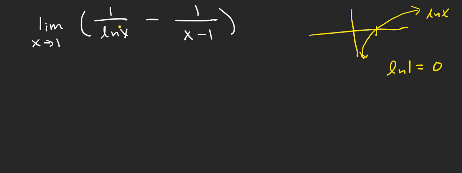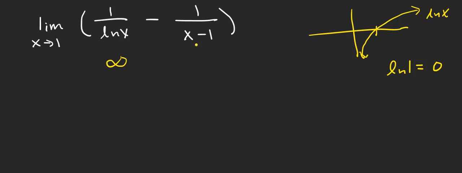So as we approach 1, natural log of x is getting very, very close to 0. So what's 1 over a number getting very close to 0? It's going to be infinity. Just think about it. 1 over 0.00001. 1 over 0.0000001. You'll notice the number is going to infinity.